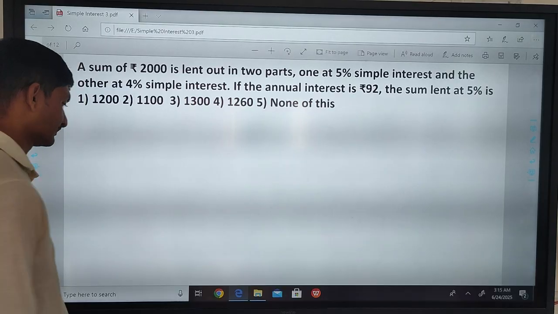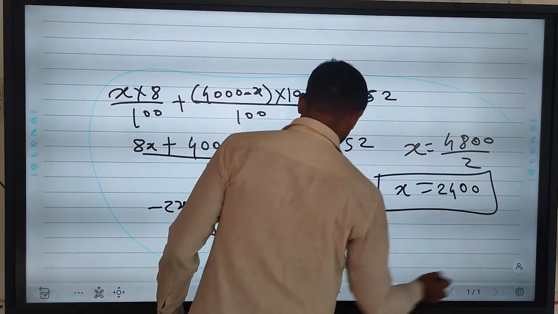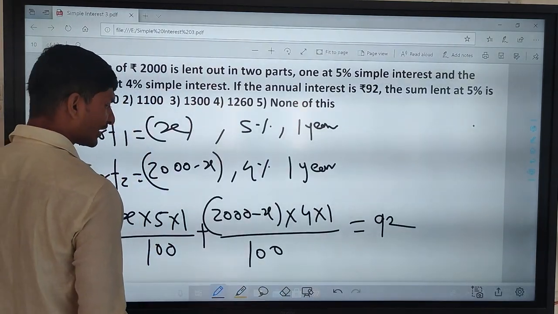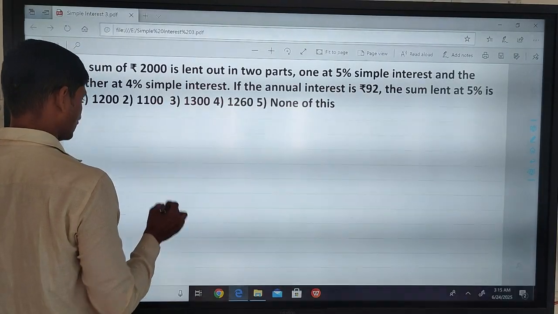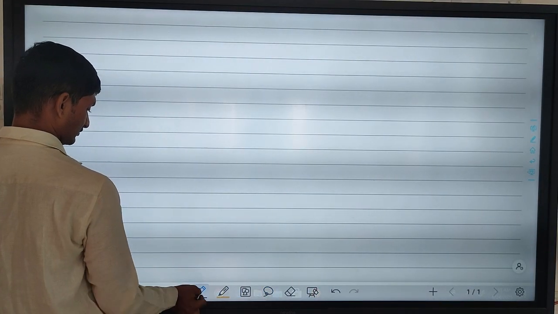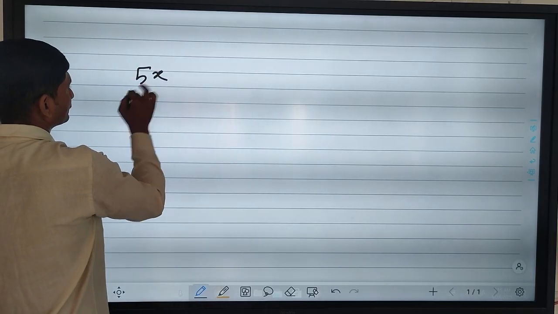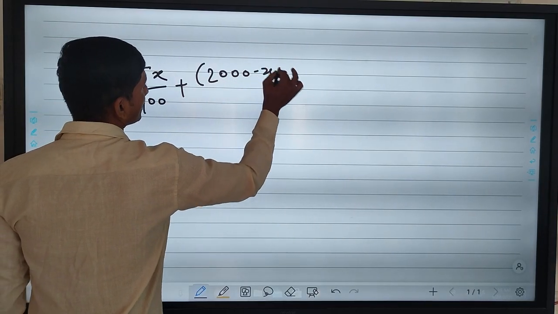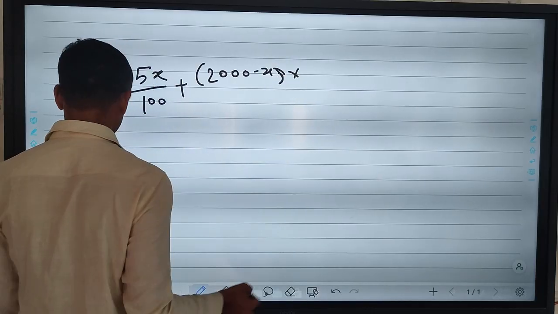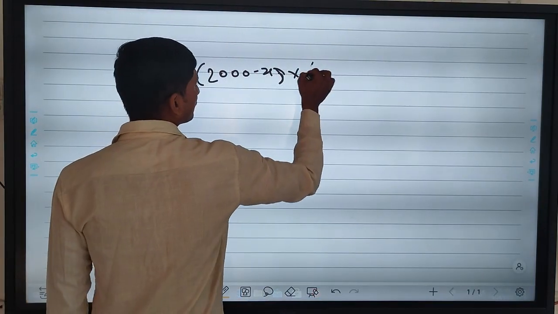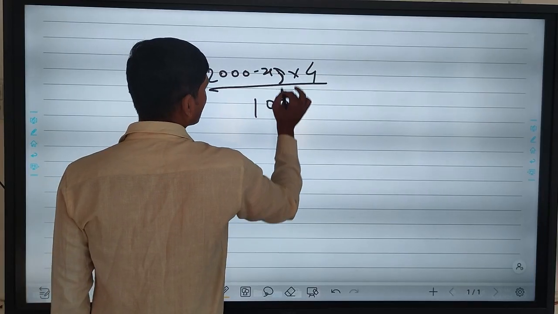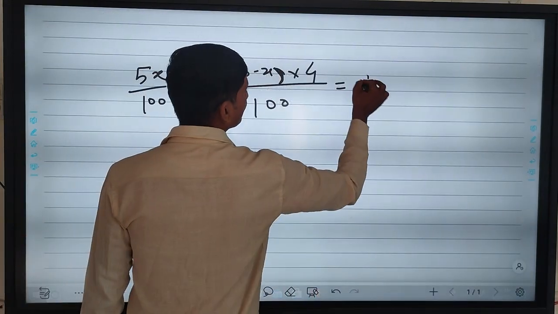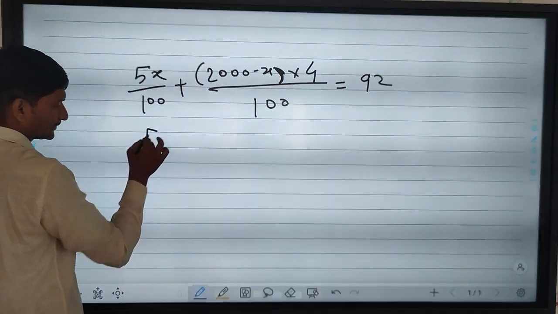Here we write 5x divided by 100 plus (2000 minus x) into 4 divided by 100 is equal to 92.